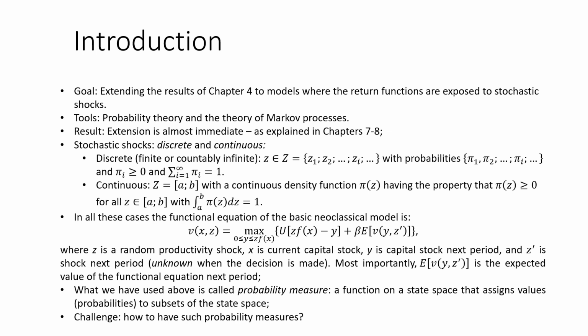We need a unified framework in which we can treat discrete and continuous stochastic shocks, random variables. In all these cases, even if we have a discrete random variable or a continuous random variable, we have the functional equation. You can see it in the slide. Here, as I promised in the very first line, there is a stochastic shock to the return function. So in this framework, we have a random productivity shock to the production function. X stands for current capital stock, Y stands for capital stock next period. This is the choice variable.